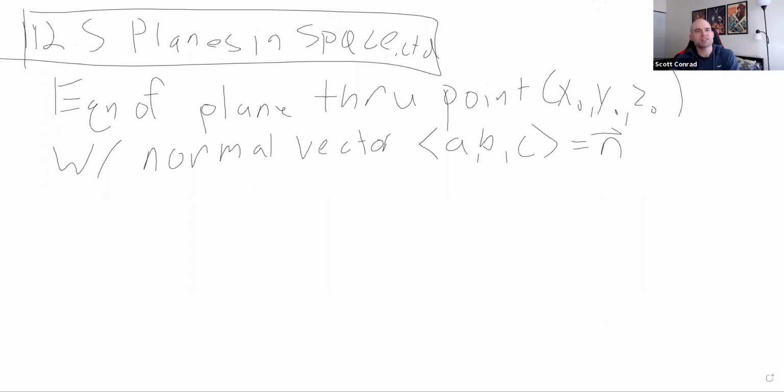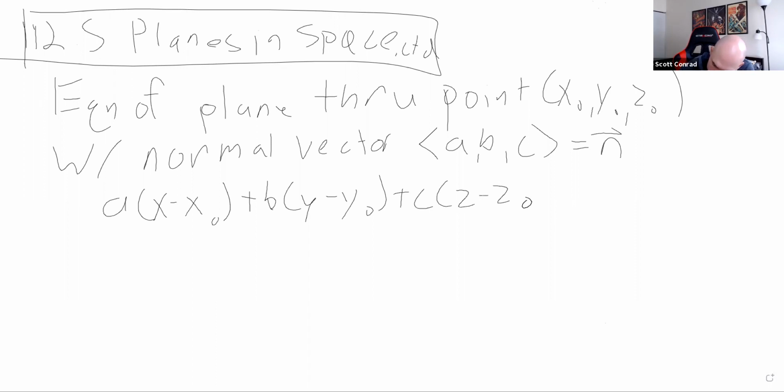There's a vector equation too, but we don't use it that often. I don't believe this book uses it that often either. But the scalar equation is a times x minus x naught plus b times y minus y naught plus c times z minus z naught equals 0.